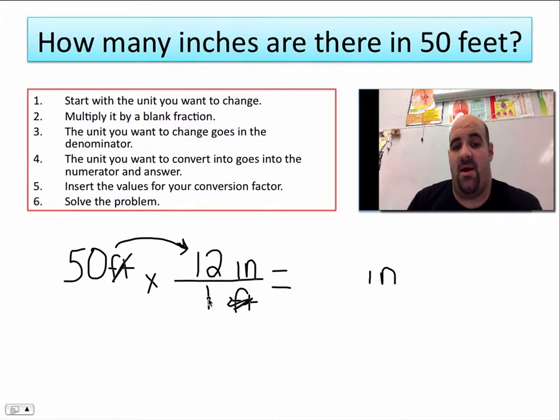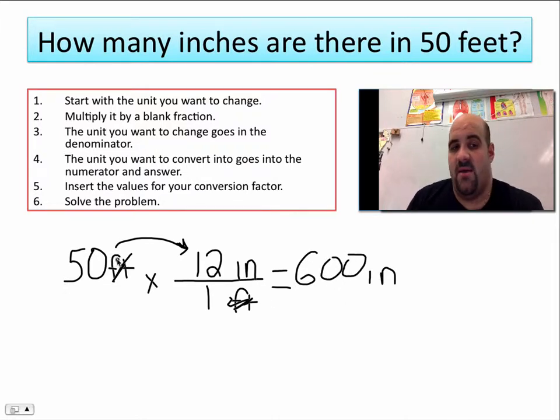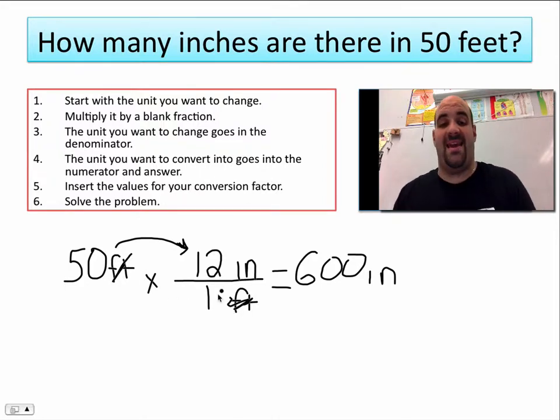And then I'm going to divide it by 1. Obviously, any number divided by 1 is itself, so I don't have to do that. I'm left with only inches as an answer because the feet cancel. So my final answer is 600 inches.